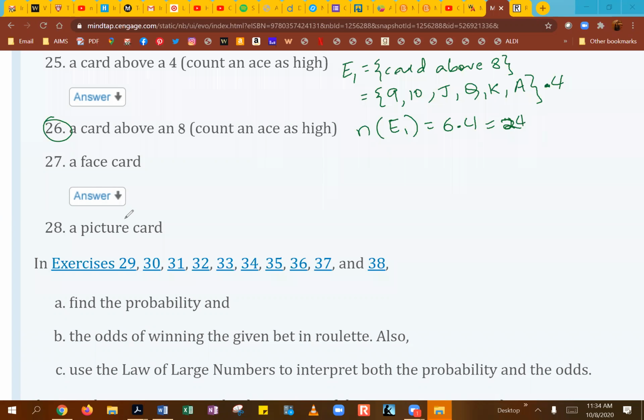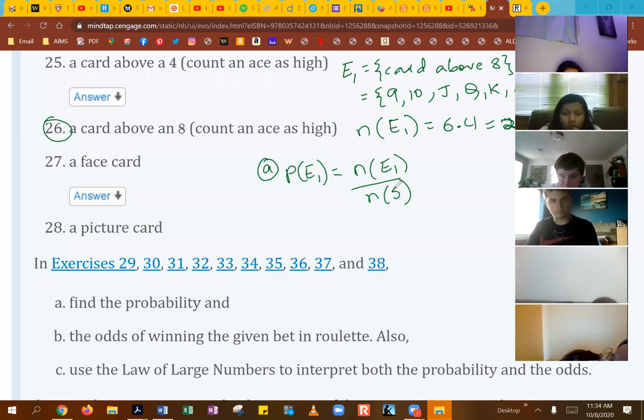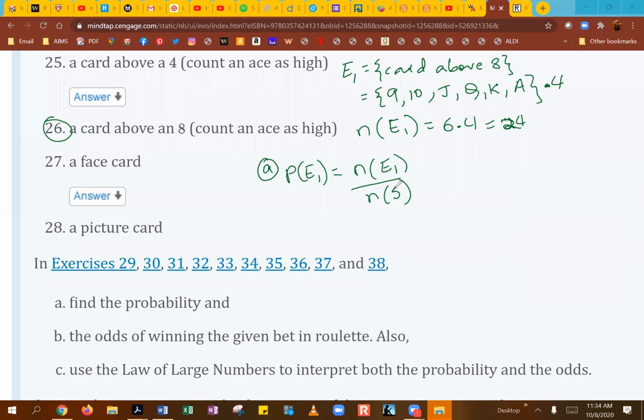So the first part was asking us to find the probability for this event. So tell me what that fraction will end up looking like. Because what will be the number for our sample space here? Very good. Yeah, exactly. Because the number of our sample space is going to be all the 52 cards that you have in a deck of cards.